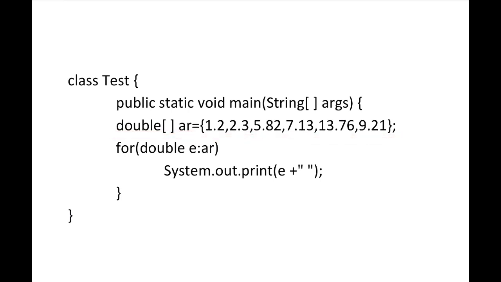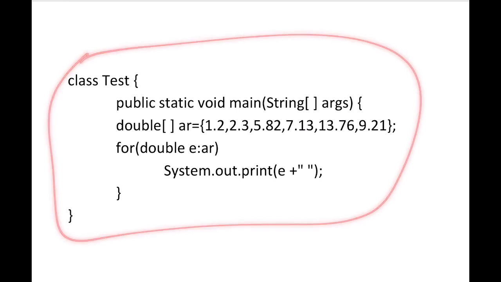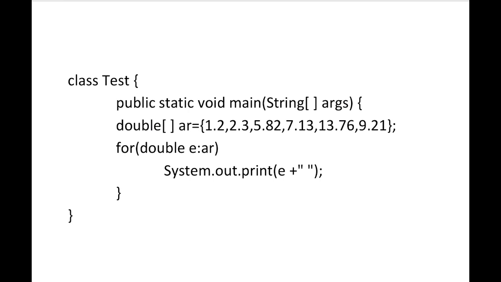So these are the elements of the array. Now for double E, then colon AR is the name of the array, system dot out dot print E, then some space. So this is the complete program that demonstrates the use of for each loop. So using this for each loop we can traverse the elements of the array sequentially.